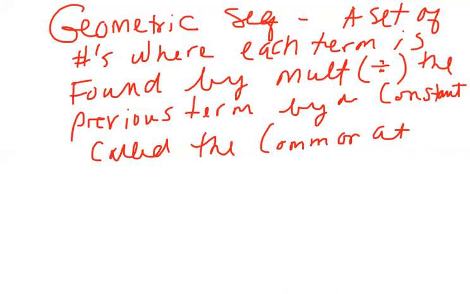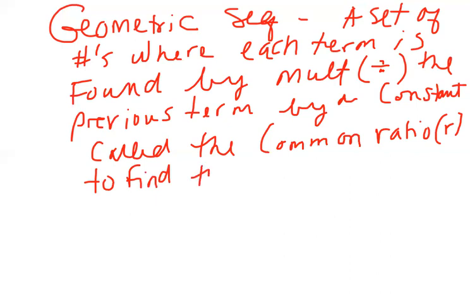And when we talk about the common ratio, guys, obviously we're going to use a different variable for that. We're going to use the variable R for that, to find the next term. So once again, guys, in the geometric sequences, what you are doing is multiplying the previous term by this constant called a common ratio to find the next term in the sequence.